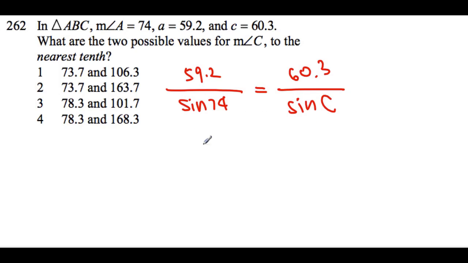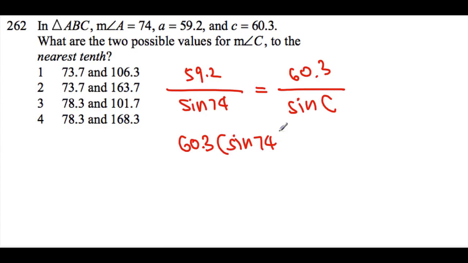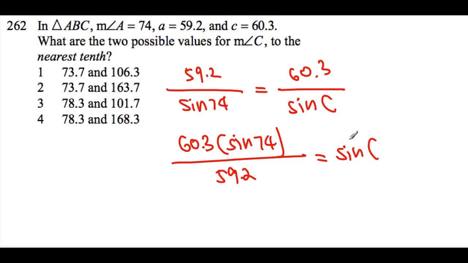First multiply, once again we get 60.3 times sine of 74 divided by 59.2. That would be equal to sine of C. After cross multiplying, we would have divided by 59.2, so I already did that.